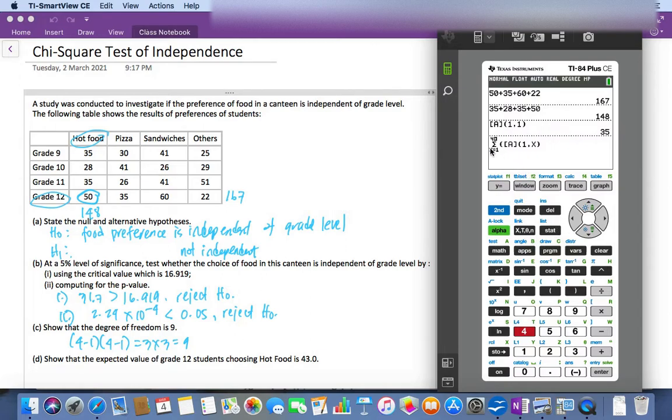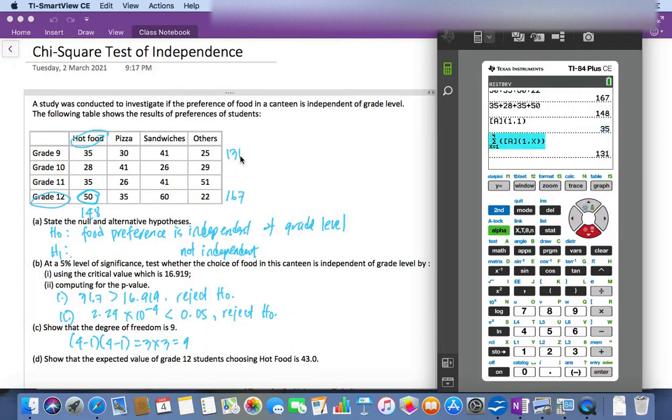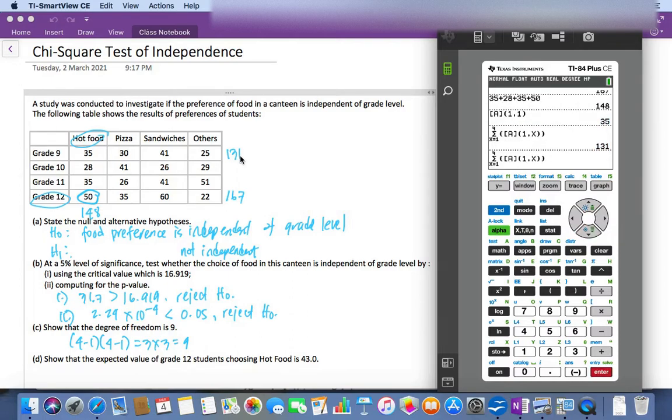This is me adding up elements in A 1 1, 1 2, 1 3, 1 4, and that is 131 as our sum.